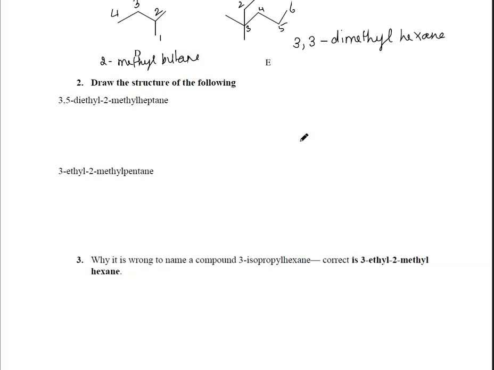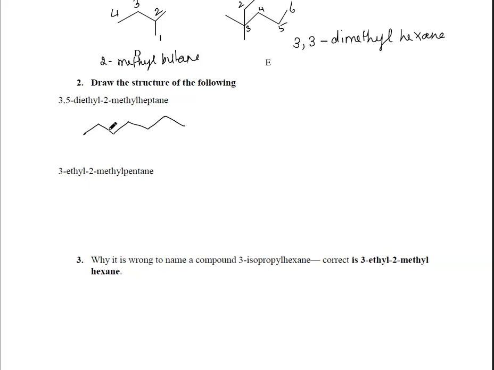The next question is asking you to draw the structure of the following: 3,5-diethyl 2-methyl heptane. Since it is a heptane, we will have to make a 7 carbon atom chain. 1, 2, 3, 4, 5, 6, and 7.